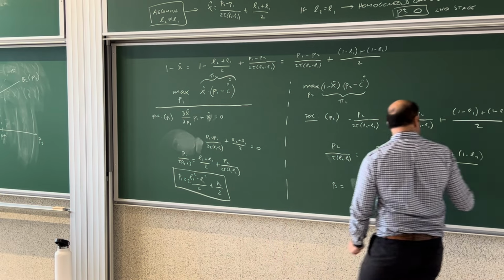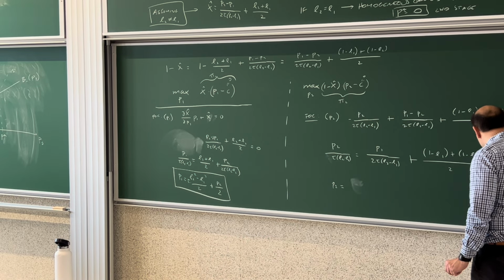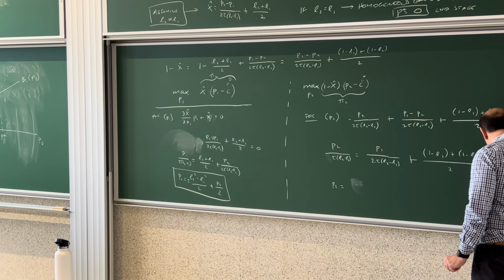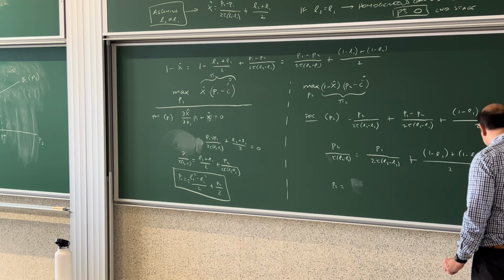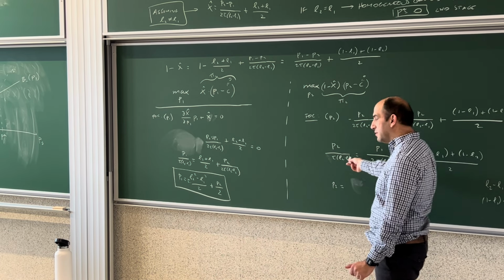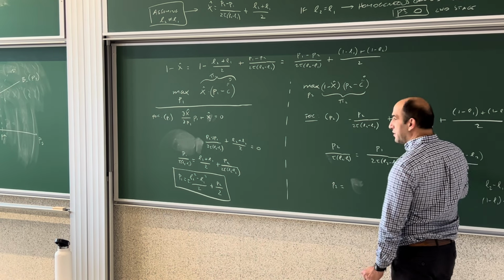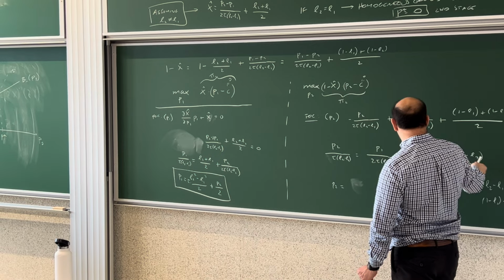I'm going to use this: L2 minus L1 is equal to 1 minus L1 minus 1 minus L2. Okay, so with that, when we multiply, this is going to be 1 minus L1 squared minus 1 minus L2 squared.